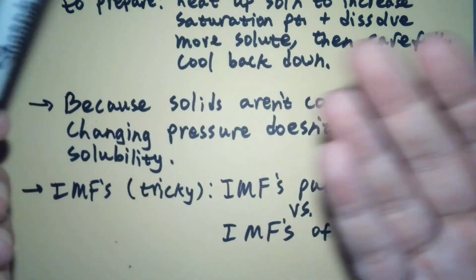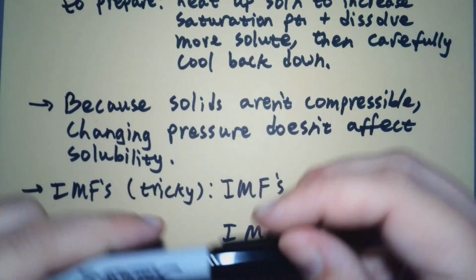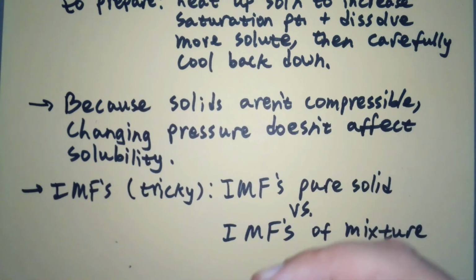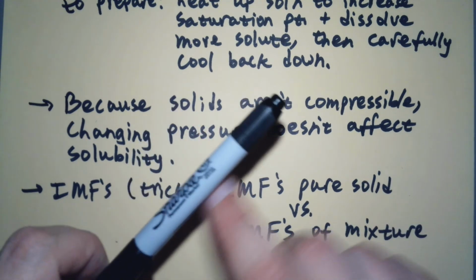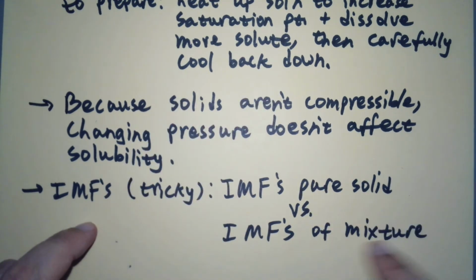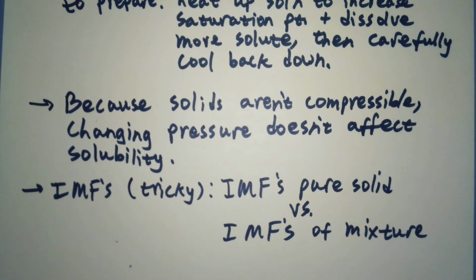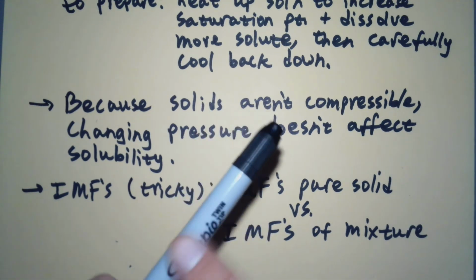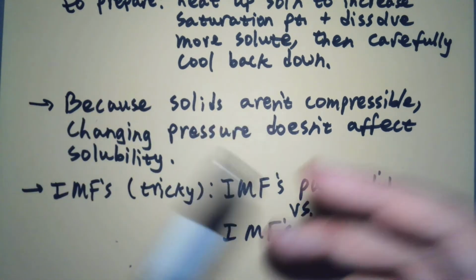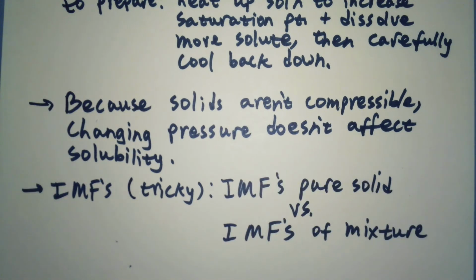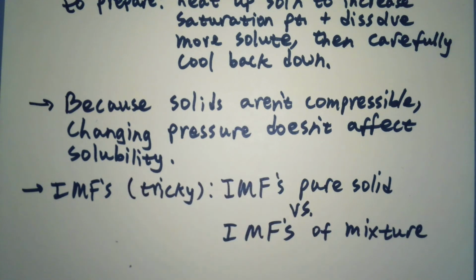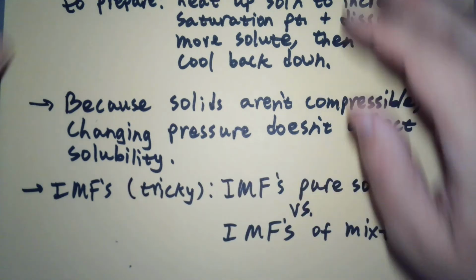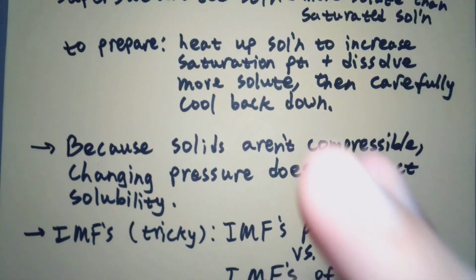So this is a solid that does not dissolve in water. It would surprise you to know that plastic doesn't dissolve in water. And that's because the intermolecular forces that hold the plastic together are going to be stronger than the intermolecular forces of the plastic interacting with the water. This is actually made out of non-polar compounds. Water's polar. They're not alike. They're not going to dissolve. But we'll build on that more in the liquids section, when we talk about liquids dissolving in other liquids. For now, it's just, you know, eye on the ball with the solids.